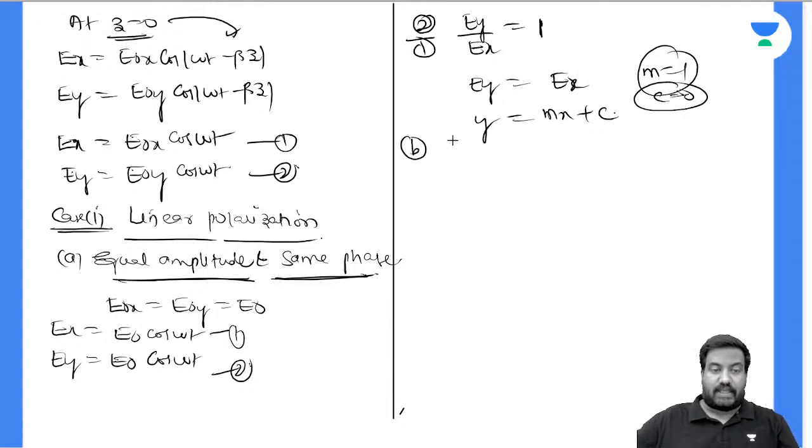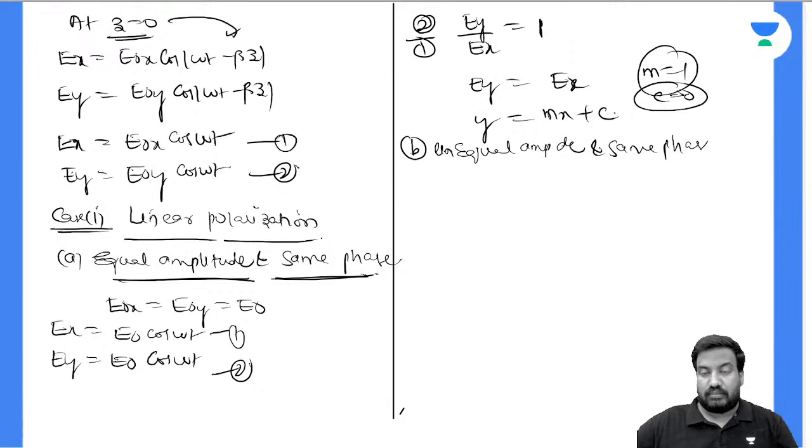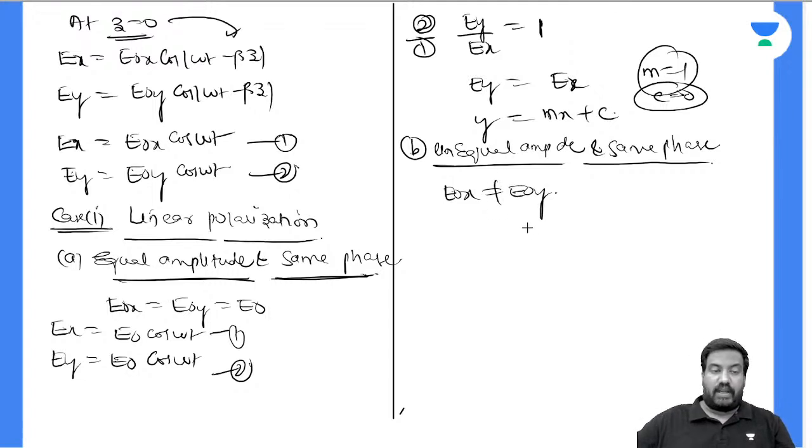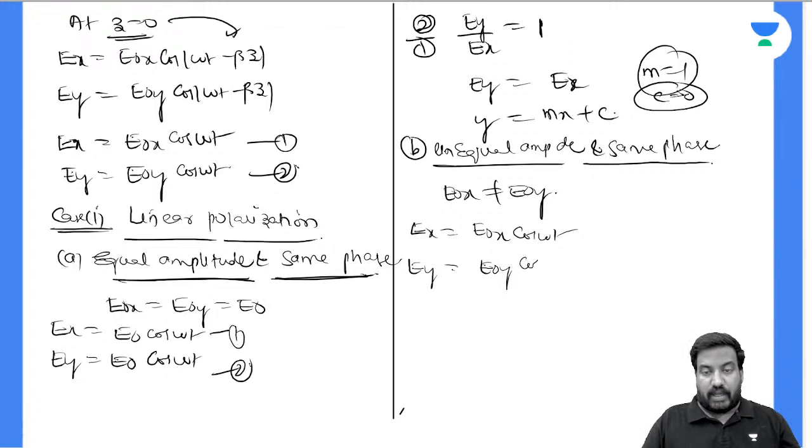Some more subcase under linear polarization: unequal amplitude and same phase, E naught x not equal to E naught y. From this, Ex is E naught x cos omega t, Ey is E naught y cos omega t.